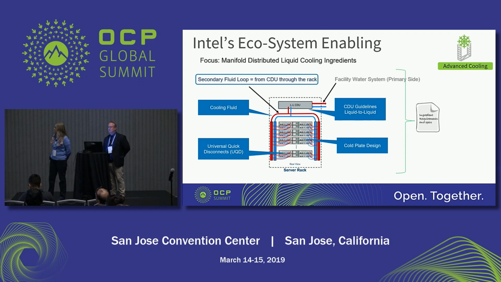And specifically, the four ingredients that we're focusing on here are the cooling fluid, the liquid to liquid CDU, and as shown here, our initial step is to look at an in-rack CDU. And we're also going to talk about interchangeability and universal QDs, and that's part of what Mark will be talking about, as well as, of course, cold plate designs for the high power components.